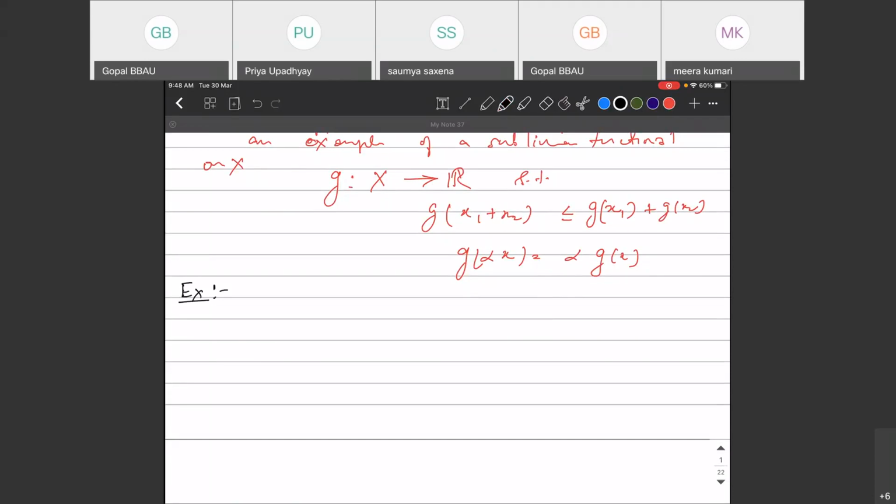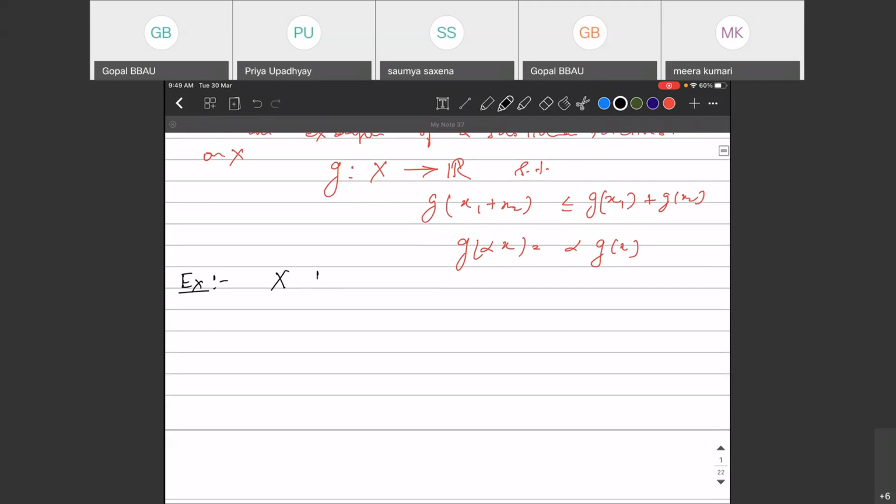So you all know that we have a vector space X and X has a basis. Every vector space has a basis. You all know this. Do you agree with this statement? Okay.